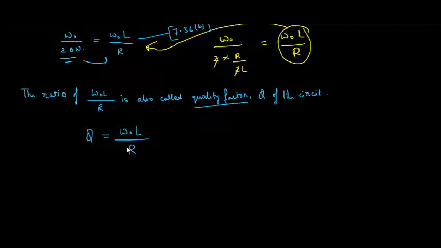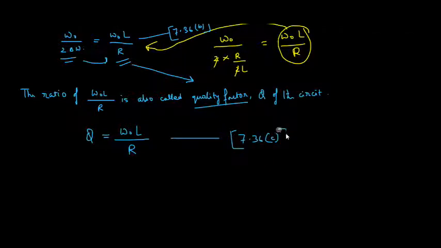So Q is equal to omega naught L by R. So this is known as the quality factor of a circuit, and this equation is also called 7.36c from your book.